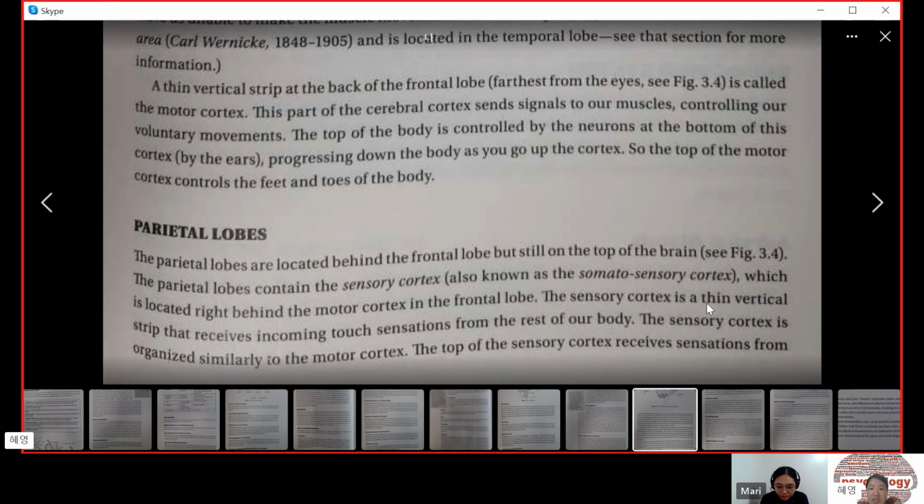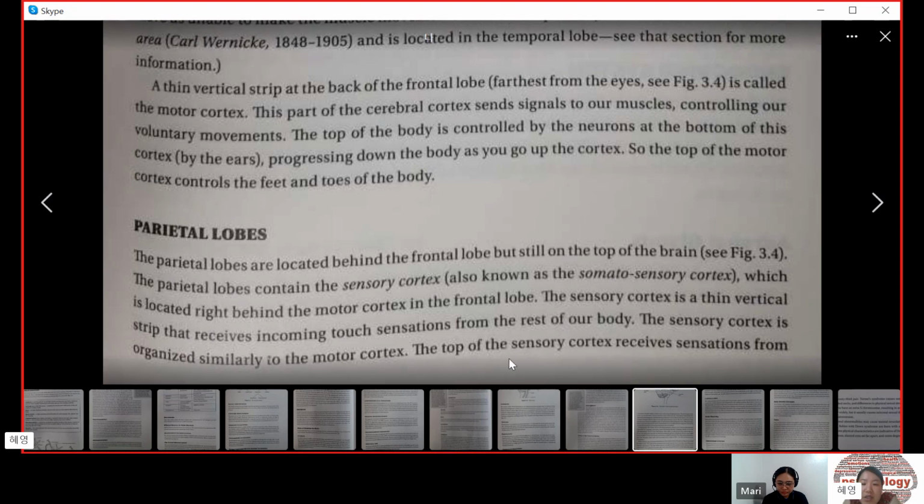The sensory cortex is a thin vertical strip that receives incoming touch sensations from the rest of our body. The sensory cortex is organized similarly to the motor cortex.